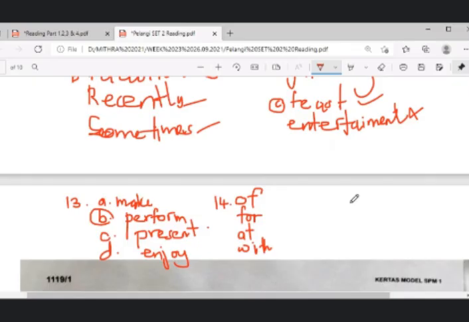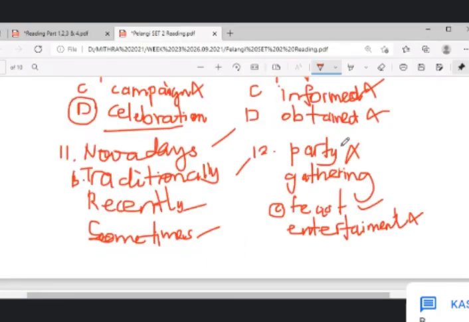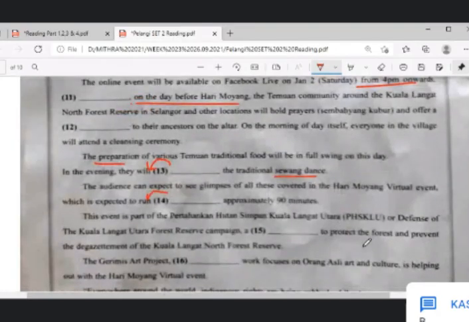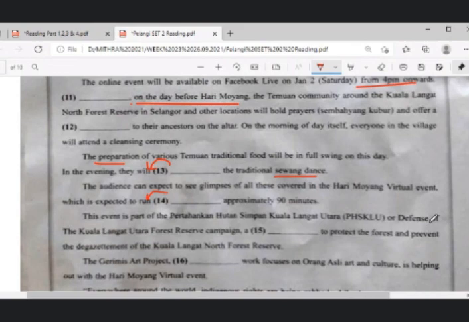Glimpses is like part of the view. Okay, of all this covered in the Hari Moyang virtual event. Virtual means online, because they project it, it is known as a virtual event, which is expected to run approximately 90 minutes. Approximately means lebih kurang 90 minit. Okay, so what is your answer?